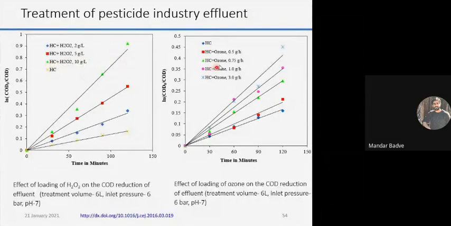And for ozone as well, as the concentration of ozone increases, the total degradation of the COD also increases, right? But in the case of hydrogen peroxide, the increase was the highest, up to 90% reduction was observed, whereas here only up to 50% reduction was observed, right?